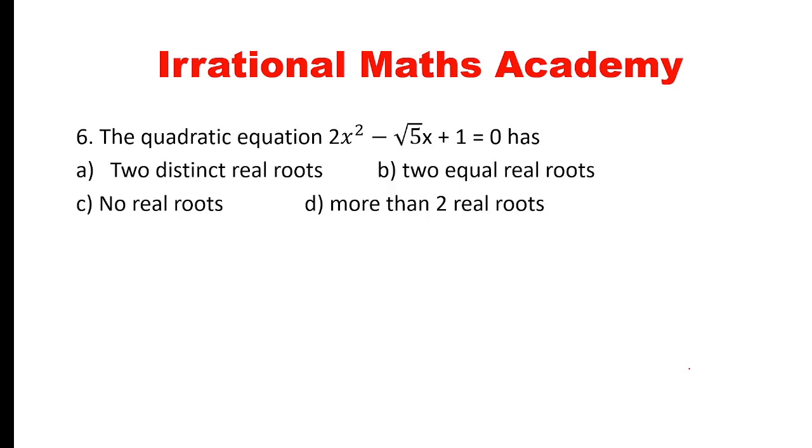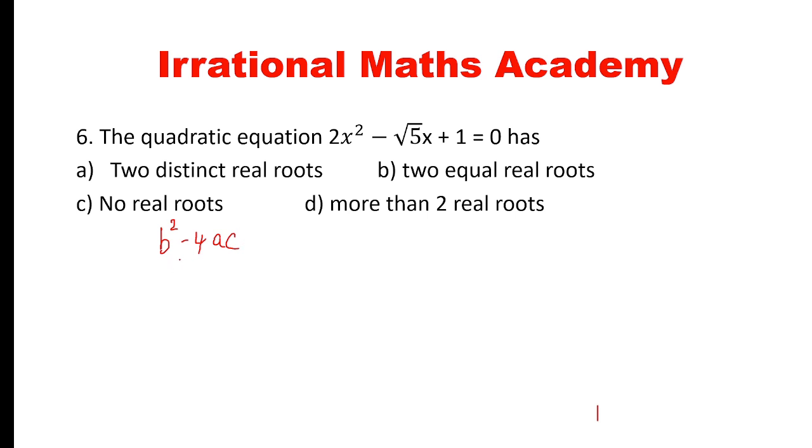Next. The quadratic equation has: two distinct real roots, two equal roots, no real roots, or more than two real roots. Not more than two real roots. If it is a quadratic, you will have only two roots, so this option you can eliminate. To find the roots, first you have to find the discriminant, and the discriminant formula is b square minus 4ac.